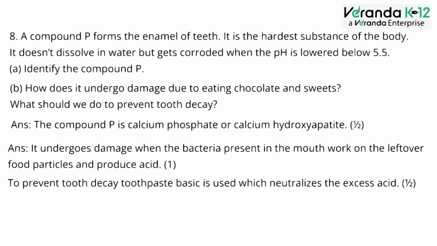That is, when we eat chocolate and sweets, they stick on to the teeth, and then they will be acted upon by bacteria to get converted into this acid. To prevent this tooth decay, toothpaste, which is basic in nature, is used to brush our teeth, which neutralizes the excess acid present in the mouth.